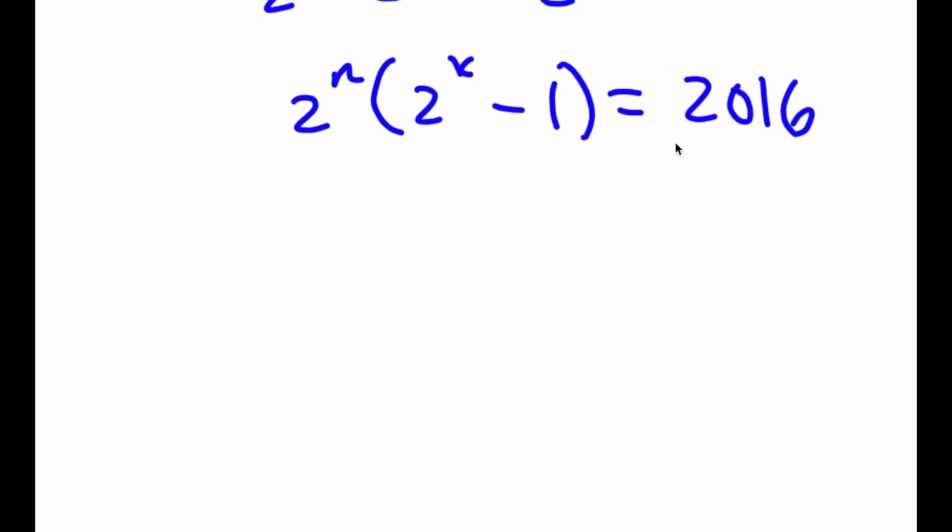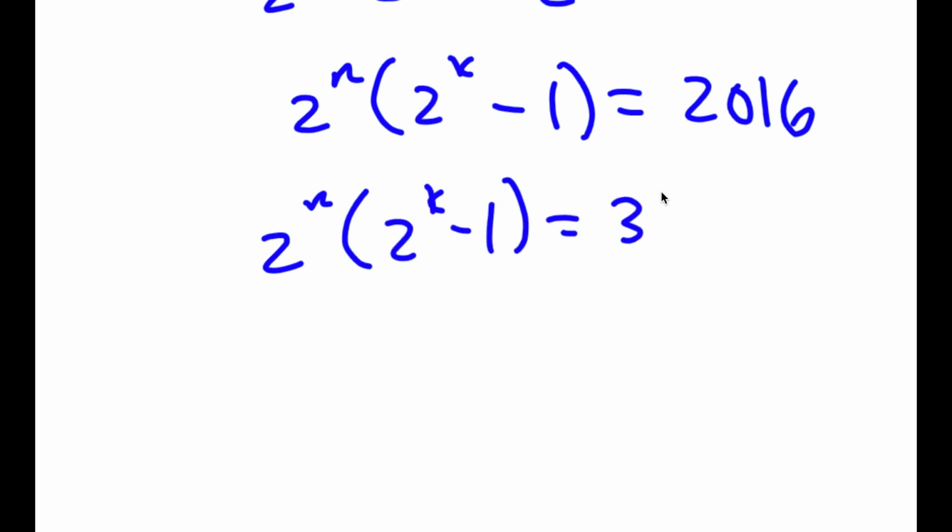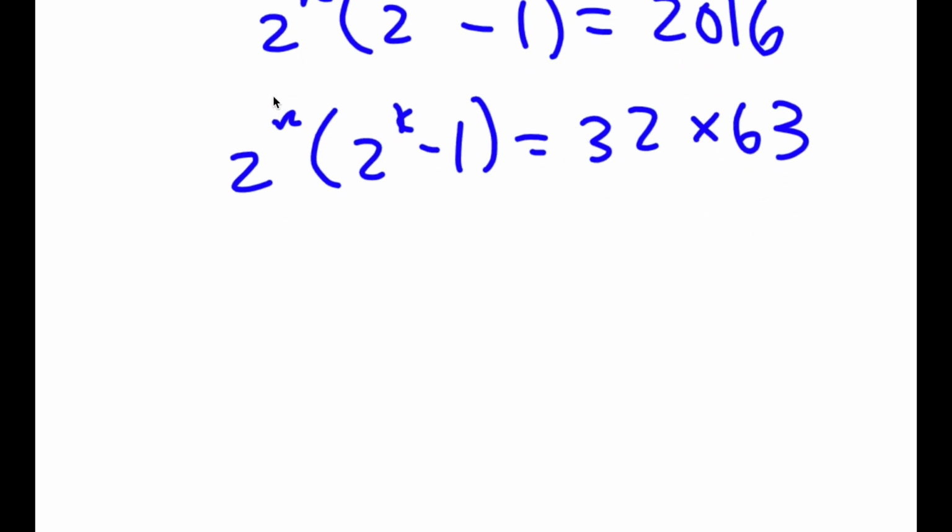So 2016, this is equal to 32 times 63. So as you can see here, 2 to the power of n is going to be an even number, right? Even, because 2 to the power of any number is even. Now 2 to the power of k, that's even, but an even number minus 1 is going to be odd.